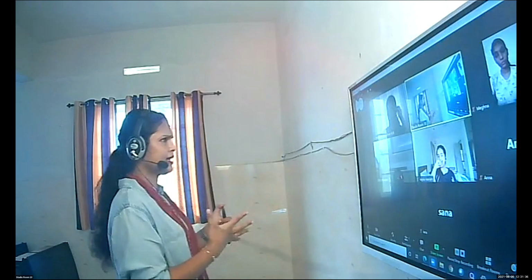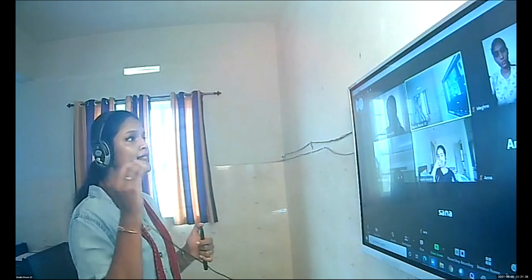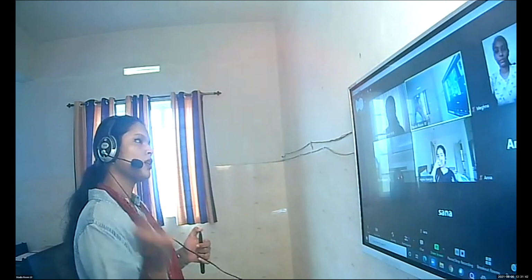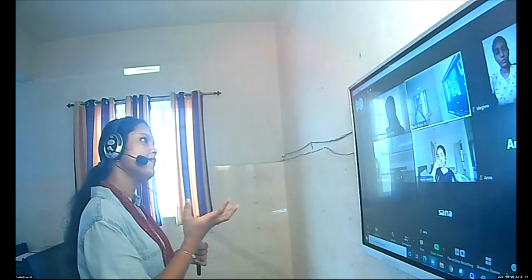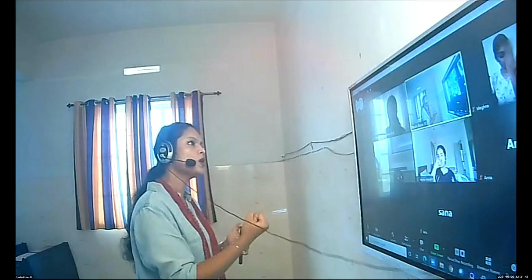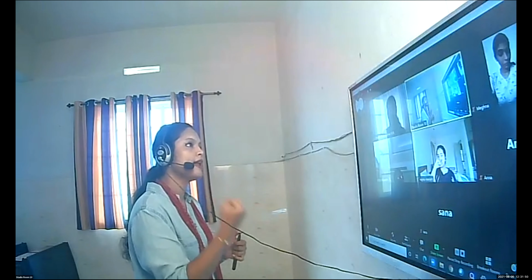So what is basically underlying fabric? What does the word tell you? From the word itself, we can take out a definition. So what is meant by underlying fabric?